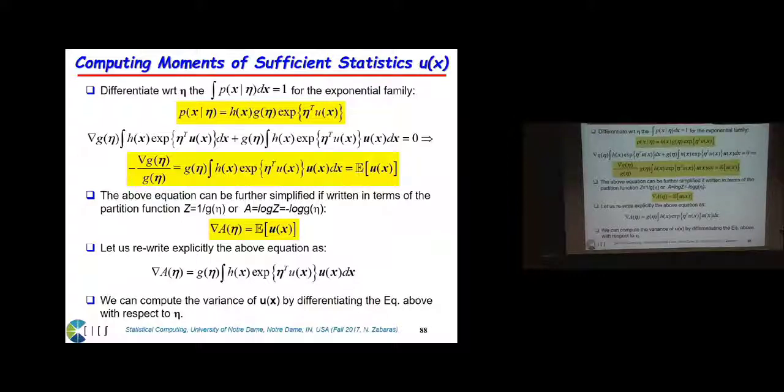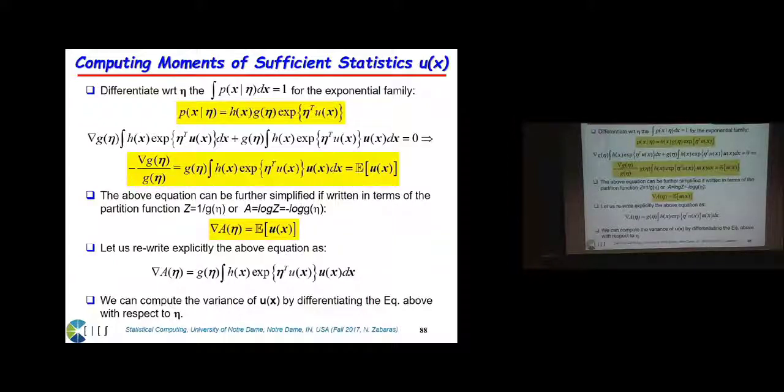So consider an integral of this equation, the second equation, integrated in x, equal to 1, and take derivatives with respect to eta. There is an eta there, so gradient of g times the integral of the rest. And then there is g of eta, and then you're going to have the derivative of this with respect to eta. You're going to get a u outside the exponential.